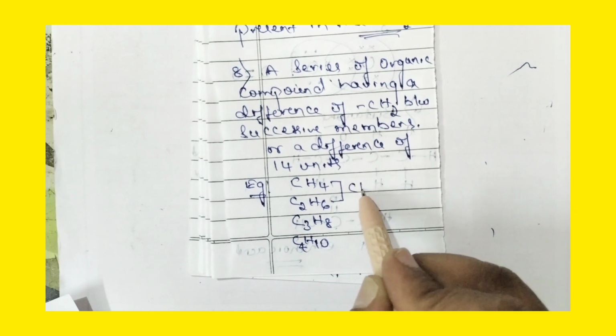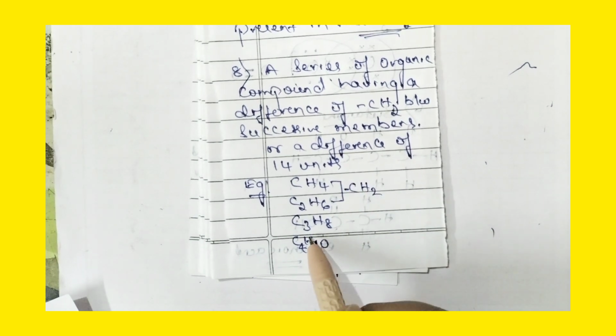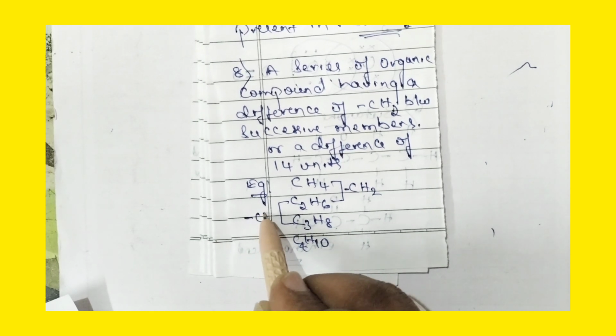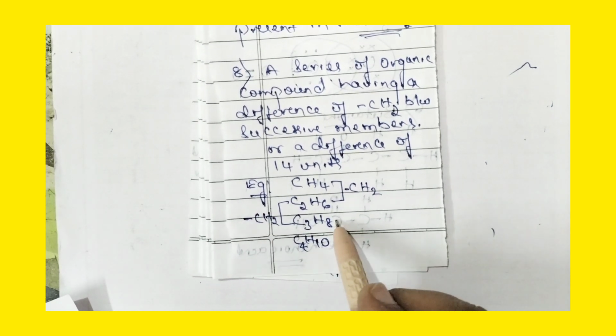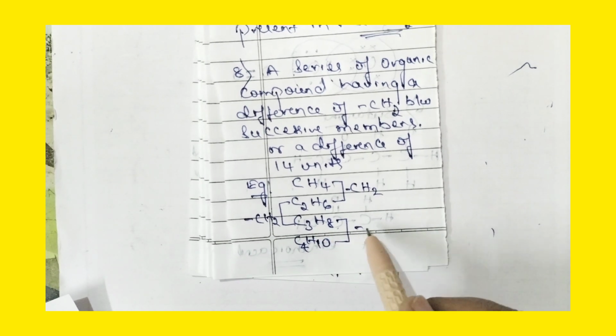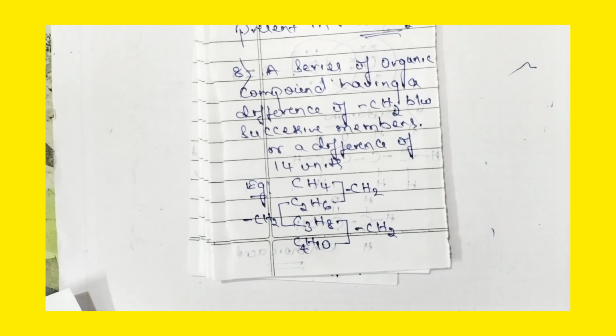The difference between methane and ethane is CH2. The successive member of ethane is propane. The difference between them is CH2. The successive member of propane is butane. The difference between the successive member is CH2. Therefore, it is called homologous series.